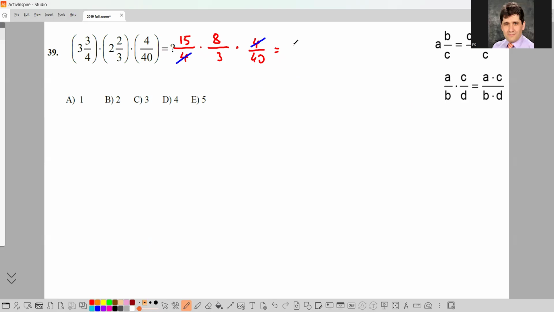For example, that 15 times 8, you can separate into 3 times 5 times 8, and here 3 times 40. Why did I separate it like this? Because on the entrance exam, you won't have much time, and you have to cut corners, which means instead of writing 15, I wrote 3 times 5, and then I can simplify these. So the answer is just 1.